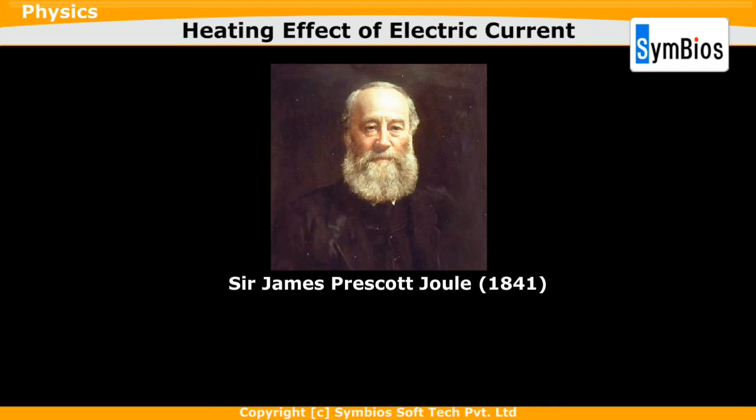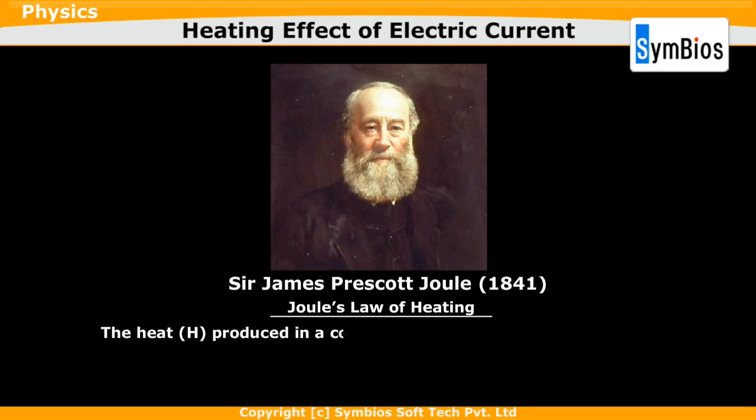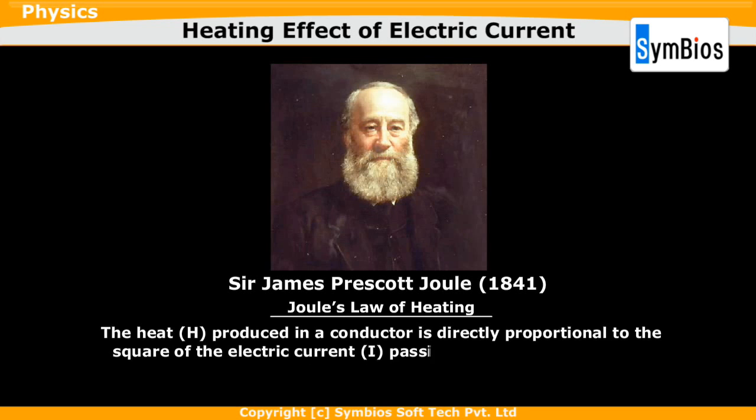Heating effect of electric current is also known as Joule's heating, because it was first studied by James Prescott Joule in 1841. Joule's law of heating states that the heat produced in a conductor is directly proportional to the square of the electric current I passing through the conductor.